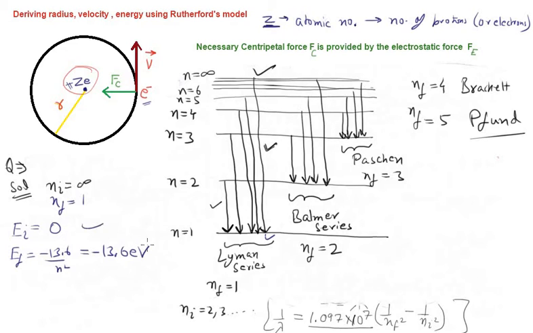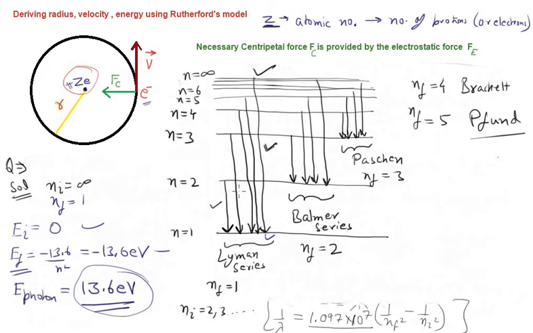So what is the difference between this and this? 13.6 electron volt. So the energy of the photon will be 13.6 electron volt, positive. You can find this value by just subtracting E initial minus E final. So that's how you get the highest energy.